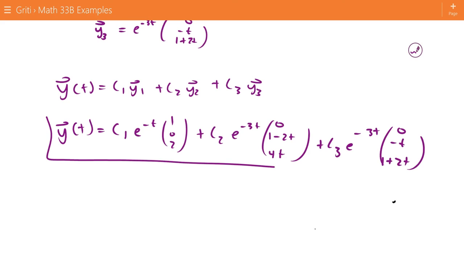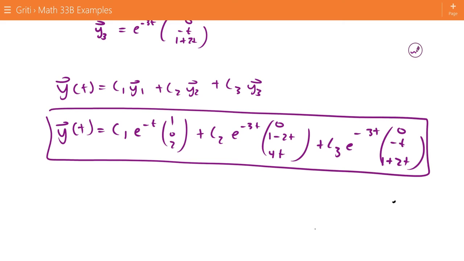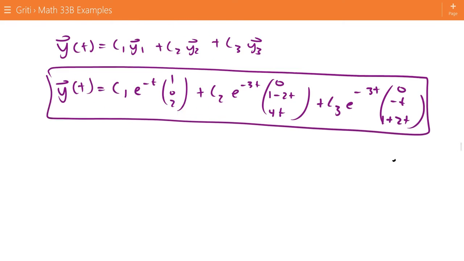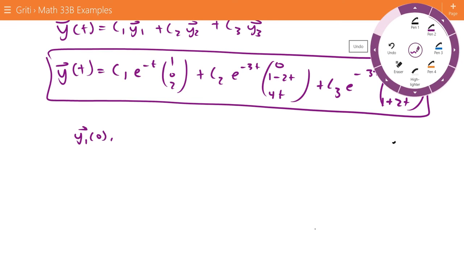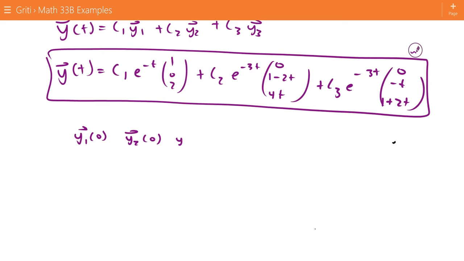We can check to make sure that y1, y2, and y3 are independent by looking at the fundamental matrix evaluated at time 0. So that's going to be y1 of 0, y2 of 0, and y3 of 0.